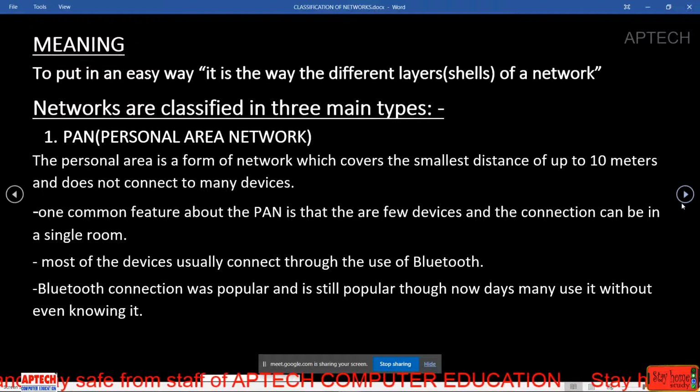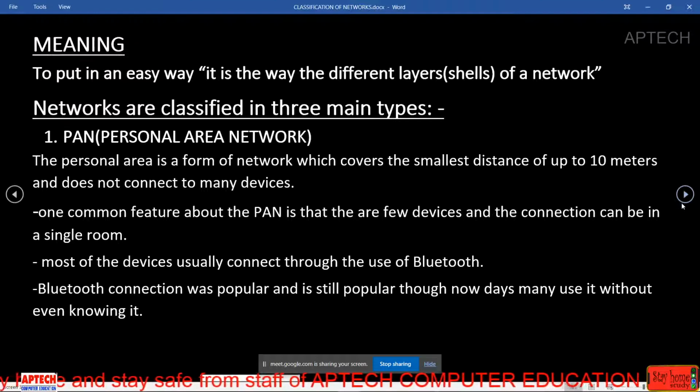Most of you are in your rooms right now, so most probably you're using a Bluetooth device, like Bluetooth headphones, or maybe even a Bluetooth mouse. Or those who play PlayStation use wireless pads, which also use Bluetooth. So you're all in that same bracket.